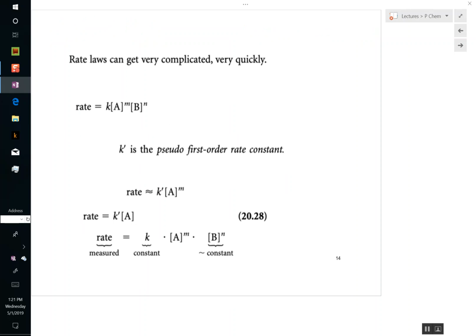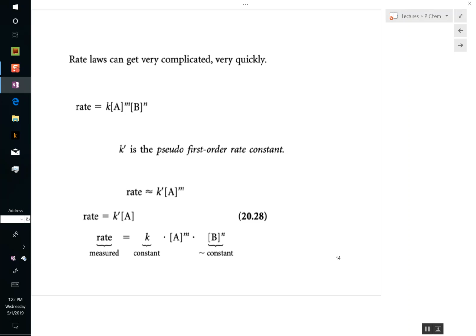And so this introduces a pseudo first order concept. What do we mean by pseudo first order? If you had something like this where both A and B are impacting the kinetics, let's say it's first order in A, and it may be first or second or whatever order in B. To get to a pseudo first order rate constant, you could run this reaction at a very high B concentration.